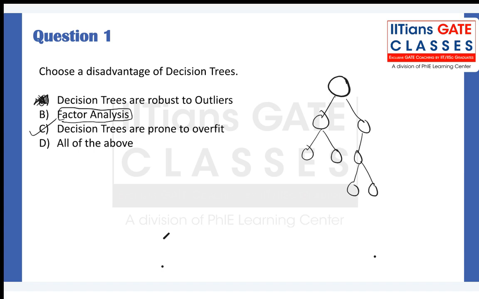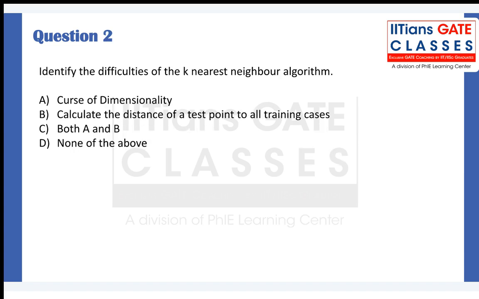Next question is: identify the difficulties present for the k nearest neighbor algorithm. So one is the curse of dimensionality, which is if you increase the number of dimensions in your data, it's not necessary that your model will output the correct value always. Your error might not decrease if you increase the number of features in your input vector.